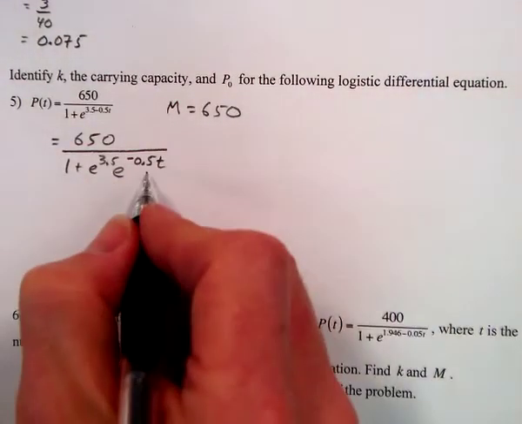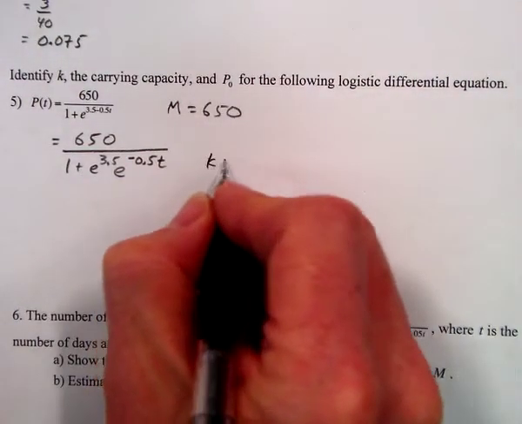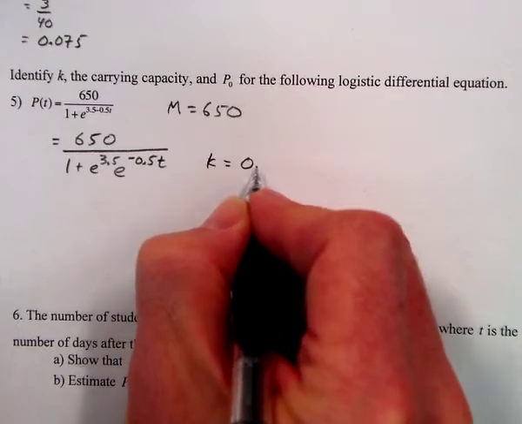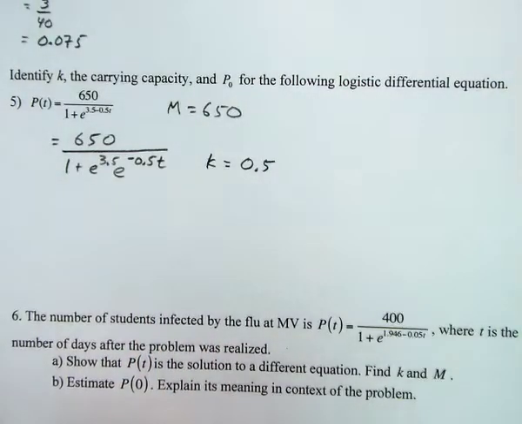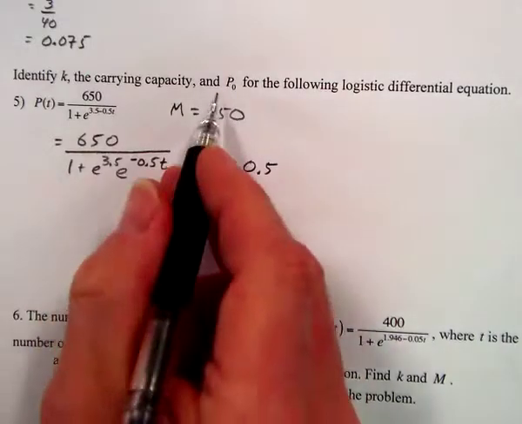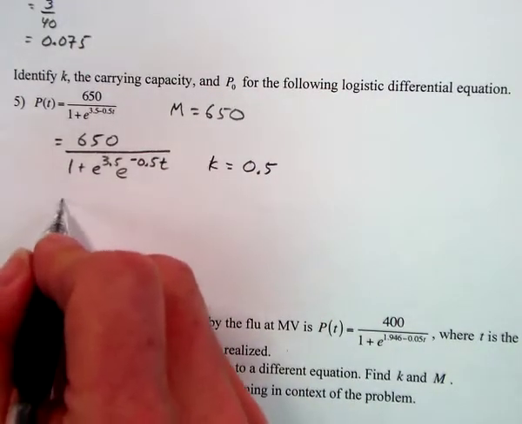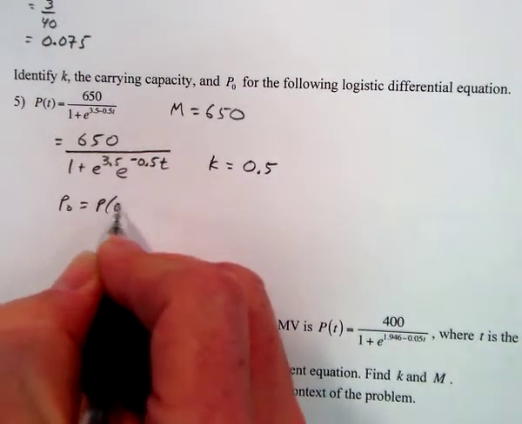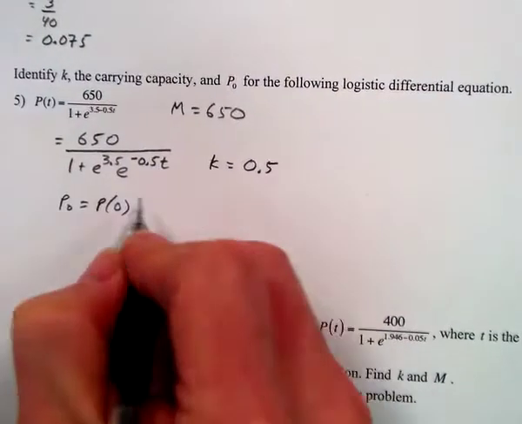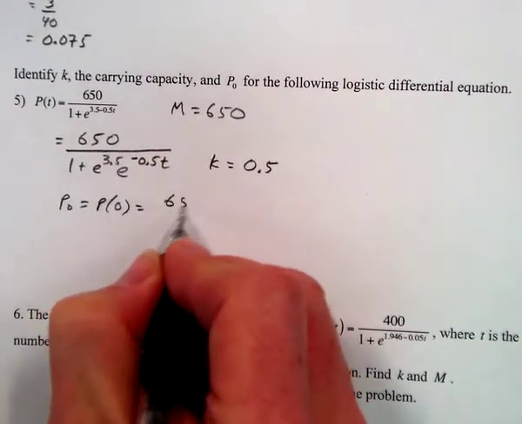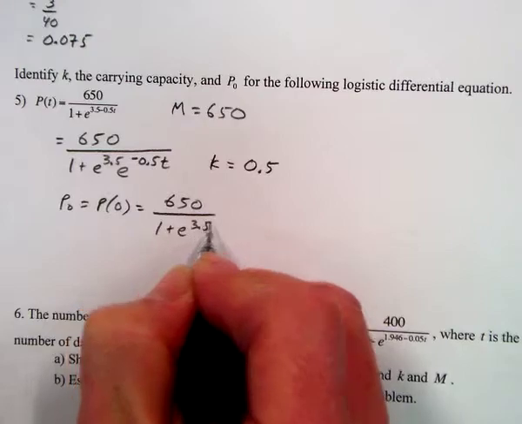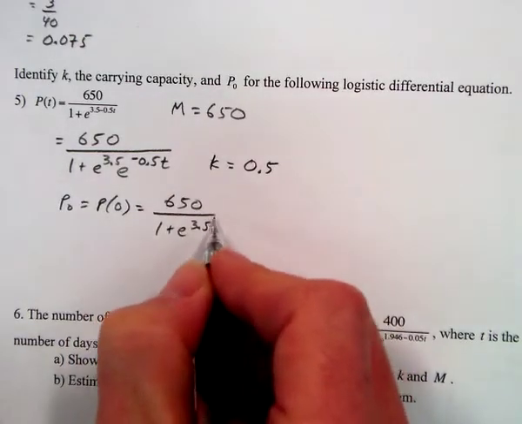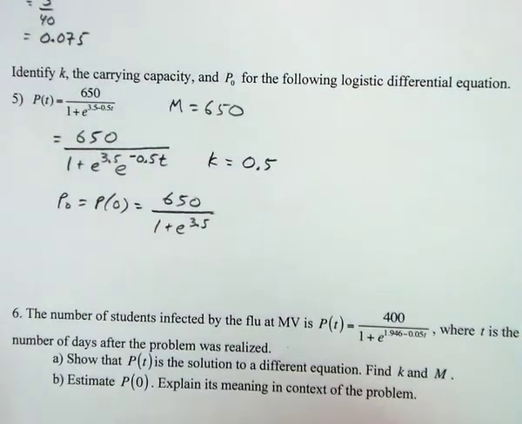Now we can see that our K value will be 0.5. And in order to find out what our P naught, P sub 0, is, that's our value when our time is 0. So just plug it in. We have 650 over 1 plus e to the 3.5 times 1, but that just gives us that.